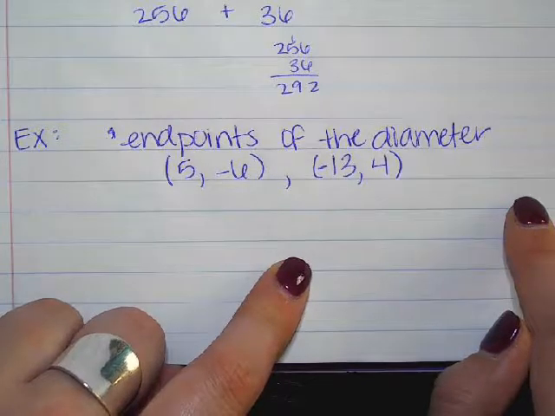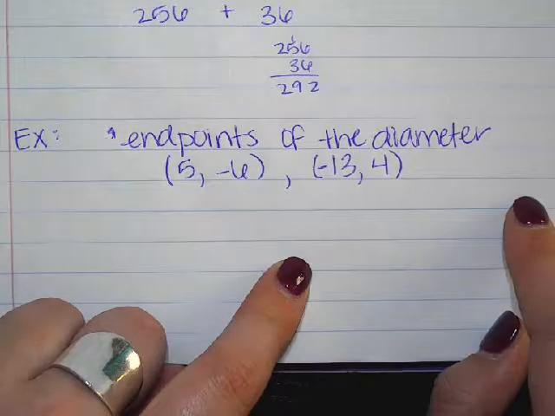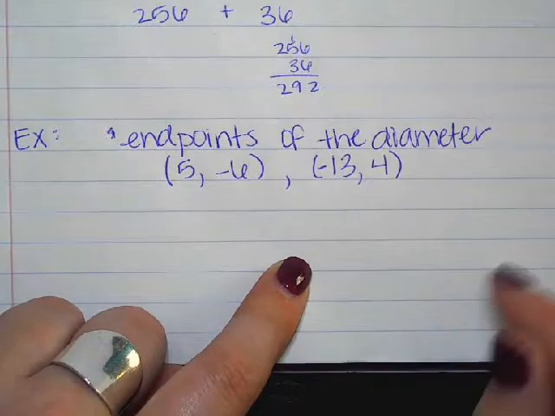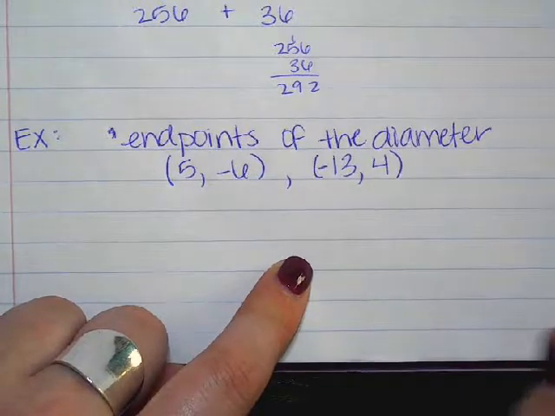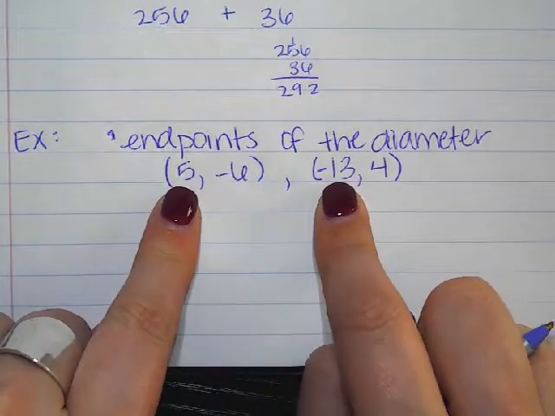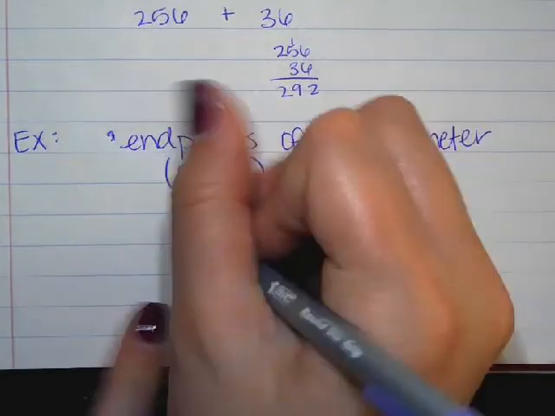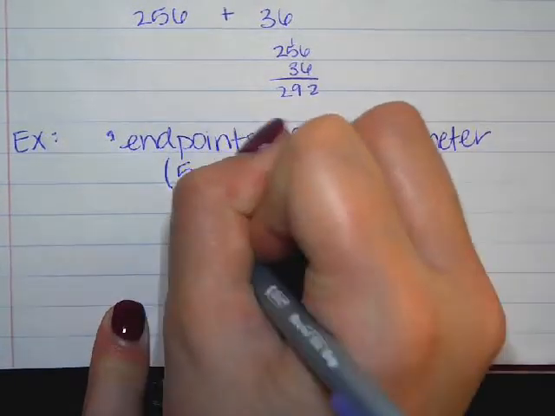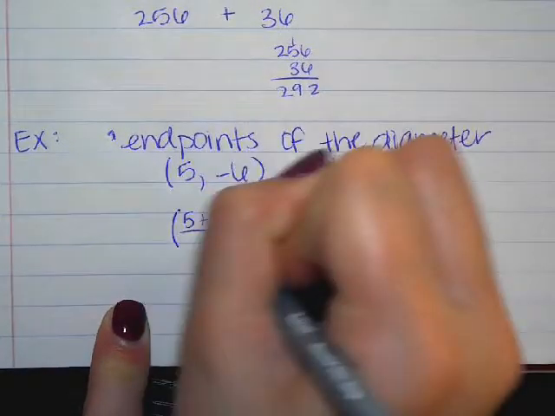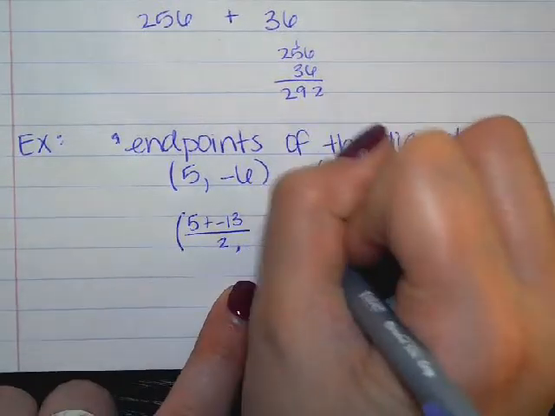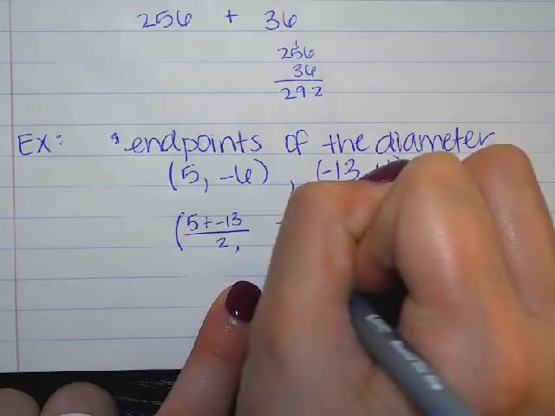And if we want to find the middle of something, what do we do? Don't subtract. Add them. Divide by 2. You could subtract them technically, but it's a little bit more difficult. There's more process. So we're going to add the x's together and divide by 2. So we're going to say 5 plus negative 13 divided by 2 and negative 6 plus 4 divided by 2.